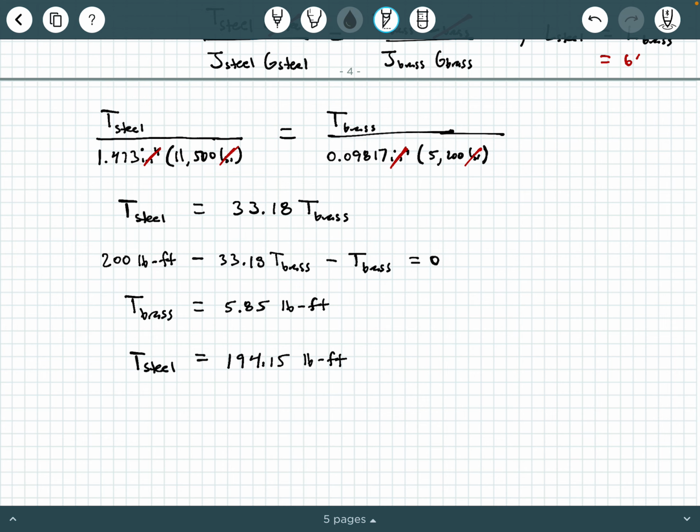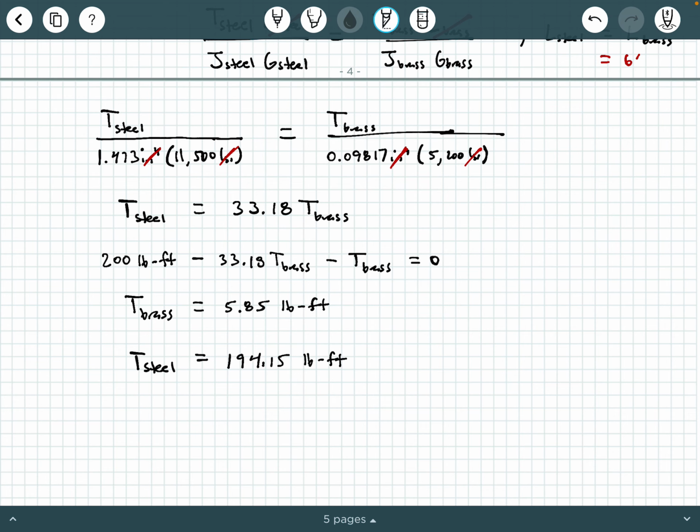We also need to account for the fact that it's not just about the material property, in this case G, that's influencing how that applied torque moment is being sustained by each of these materials. It's also how much material you have, right? So for steel, you have a lot more material than you do for brass, and that's reflected by the polar moment of inertia, okay?